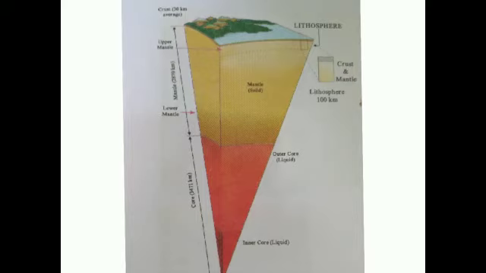You have to remember only 2 to 3 points. First point: it contains silica and aluminium, so it is known as Sial. Second point: the density is 2.65 to 2.9 gm per centimeter cube, the thickness is 30 kilometers, and it contains granite rocks.